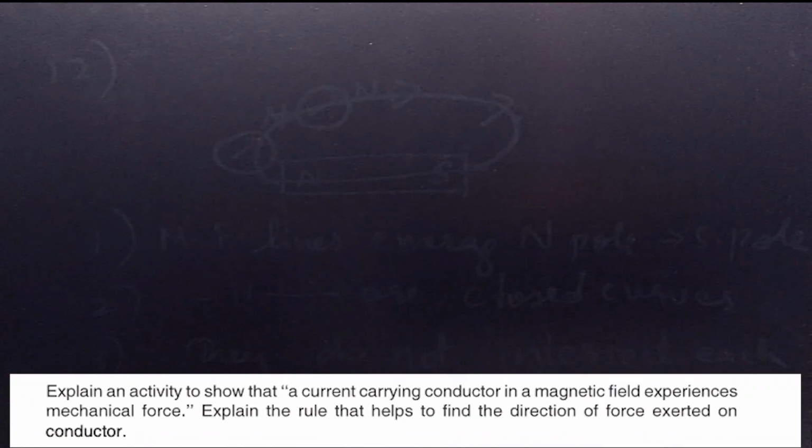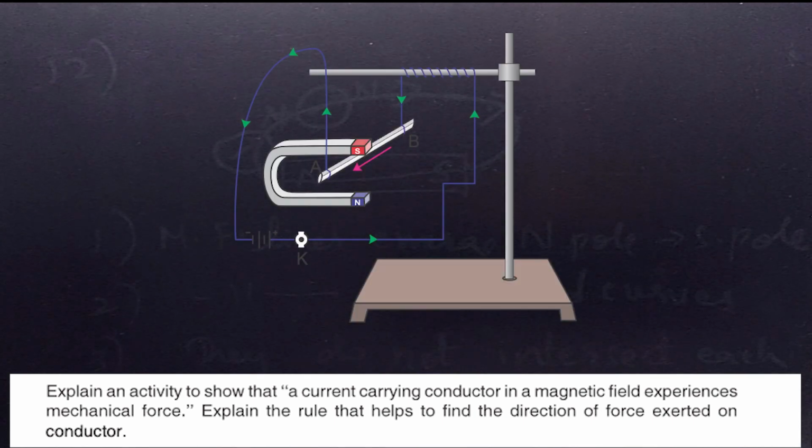So you will have to explain the activity that is shown in the figure. That is, the conductor AB is going to experience a force on passing current and placing it in a magnetic field which is produced by the horseshoe magnet in its vicinity.